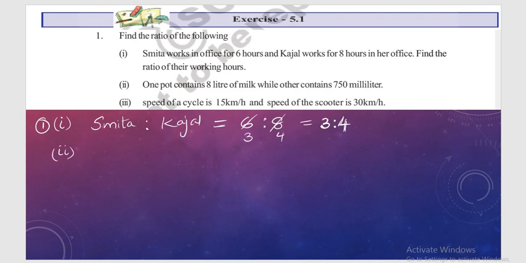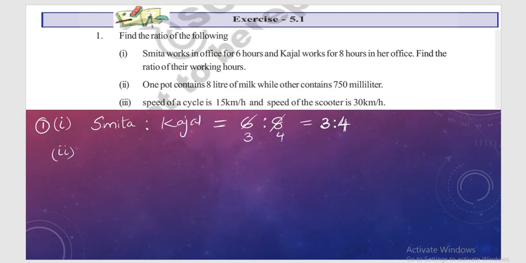Next, the second question. One pot contains 8 liters of milk. The other contains 750 milliliters. Here one is in liters and the other is in milliliters, so we can't compare them directly. Either convert liters into milliliters or milliliters into liters; either possibility is okay.